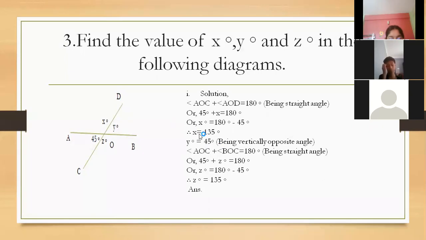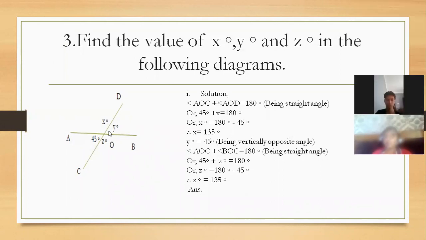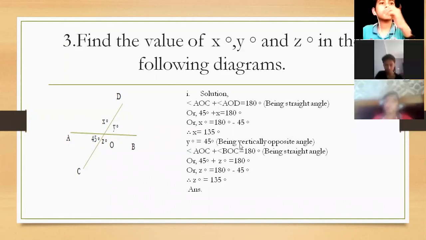And look here, after finding the value of y, we have to add 45 degrees and z degrees, because these two angles make a straight angle. They are a linear pair, we can also say. Then we get the value of z, right? In this question, we have found the x value, y value, and z value also.